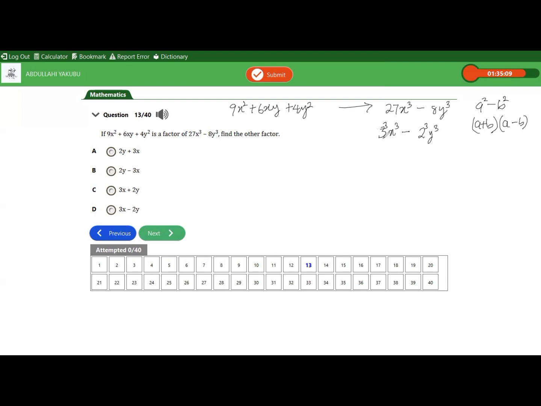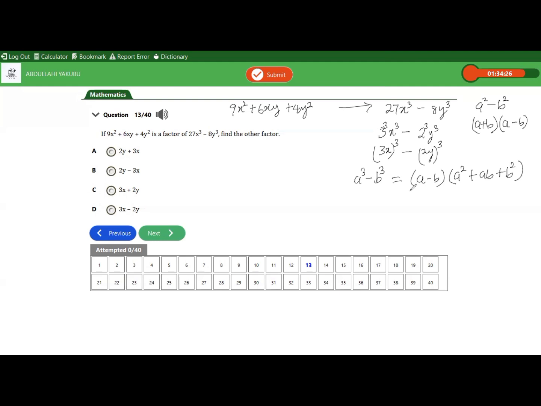By virtue of the law of indices, I can rewrite this as 3x all raised to power 3, minus 2y all raised to power what? 3. This has given us the exact form of a difference of two cubes. When you have a difference of two cubes, for instance a raised to power 3 minus b raised to power 3, the expansion is equal to a minus b into bracket a square plus ab plus b square.